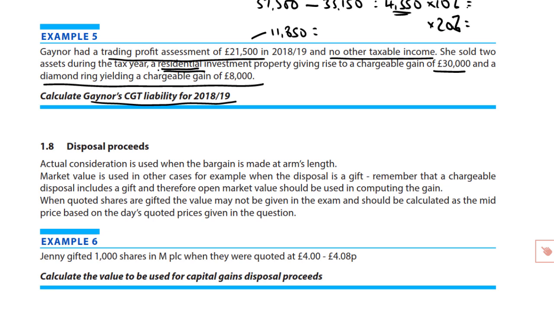The reason being that the gain on the residential investment property is going to suffer the higher rates. Anything, as we know, falling into the basic rate band would be at 18% rather than 10%. Any of it falling into the higher rate band would be at 28% instead of 20%.